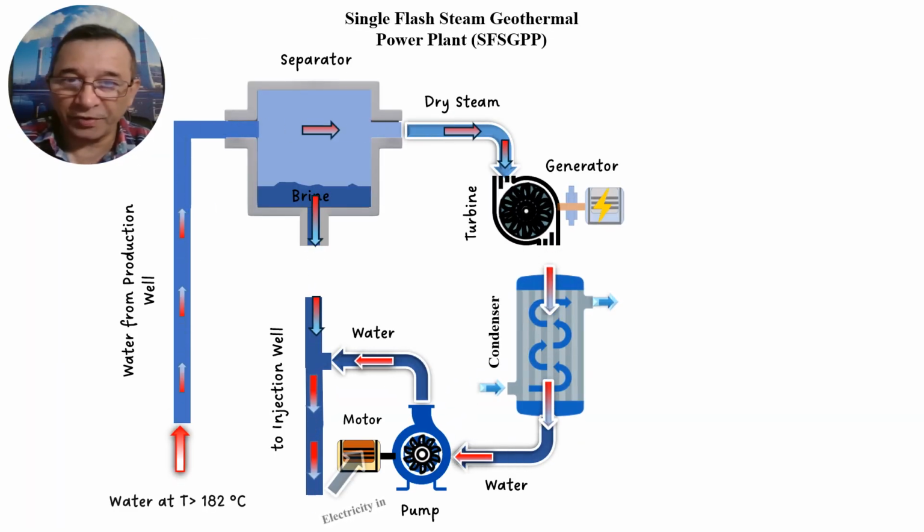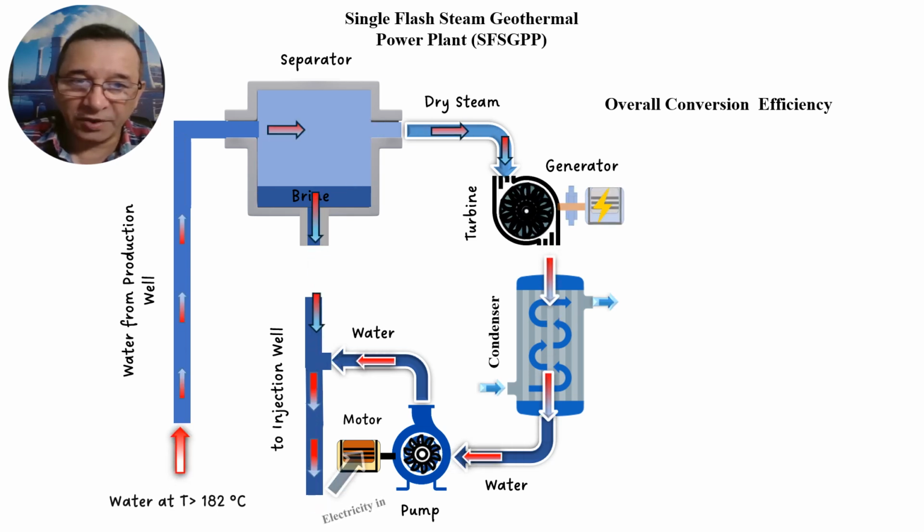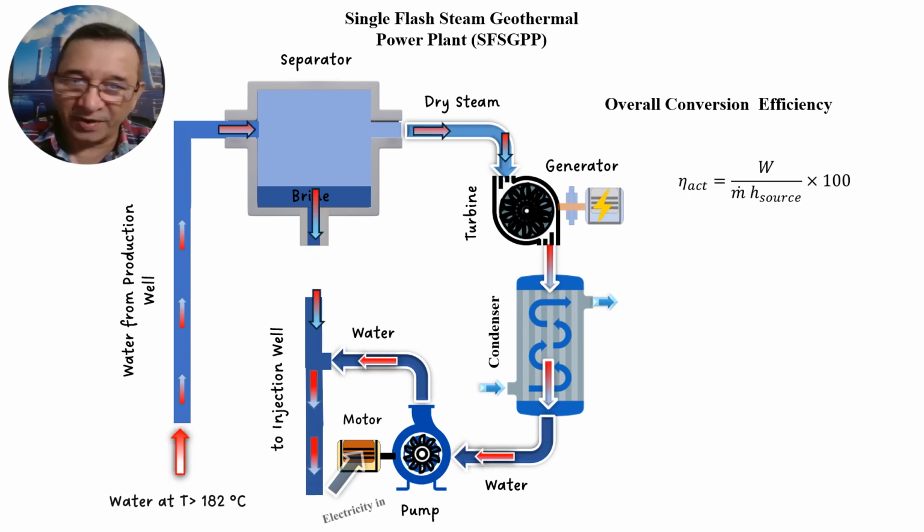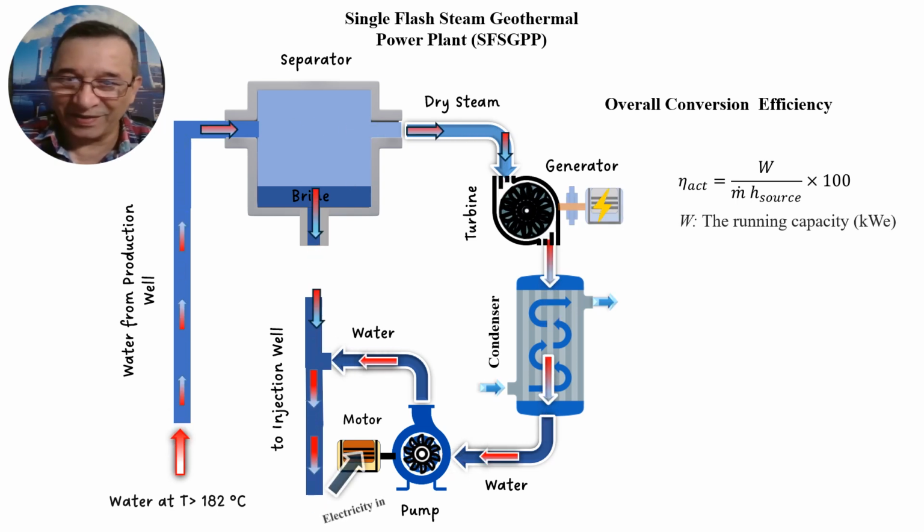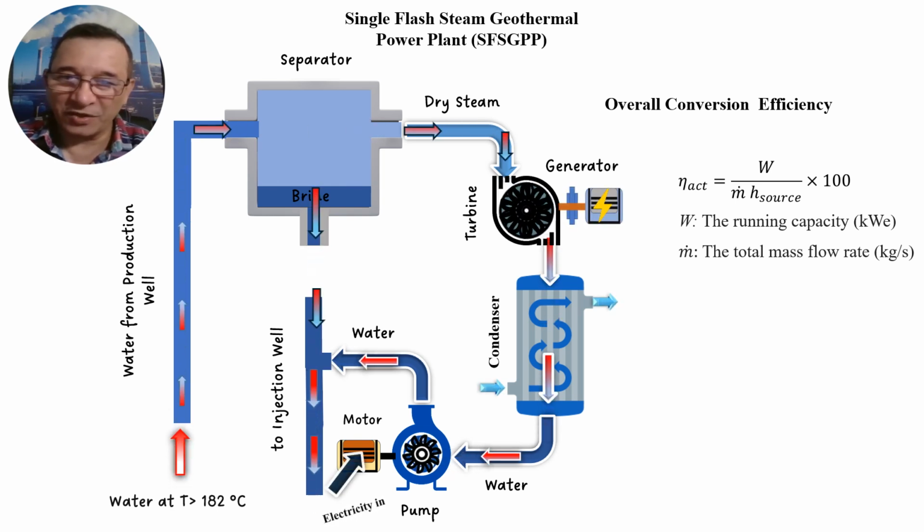The flash steam geothermal power plant may use a single flash tank, as shown in this illustration. The water is withdrawn from underground, part of it evaporates, and then it is separated in the separator to get the dry steam. The dry steam continues its journey in the Rankine cycle, passing to a turbine where energy is changed to electricity by the aid of a generator.